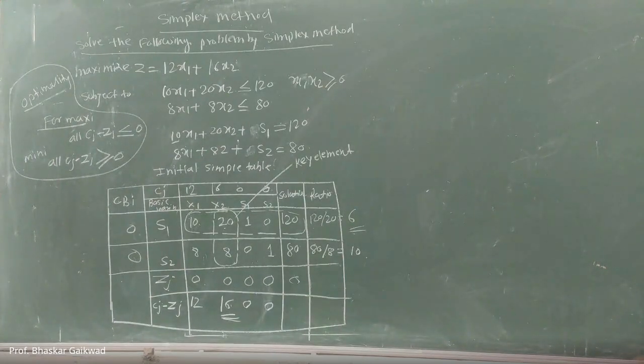Our problem is a maximization problem, so Cj minus Zj should be minus or 0. In the present table, 12 is positive and 16 is positive, so it is greater than 0. So we have to go for the next table.